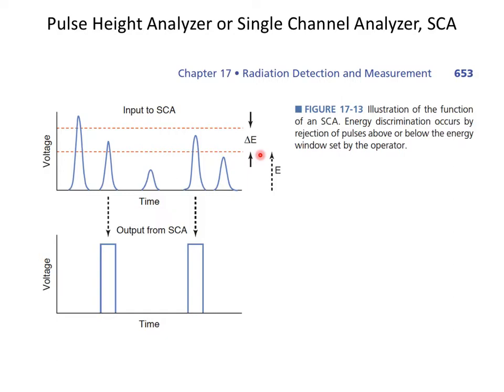If we have 140 keV as our energy for the photon that comes out of the contrast agent we've injected, we put a plus or minus delta E around it and accept those pulses. That eliminates background radiation from other things, so it's energy selective.